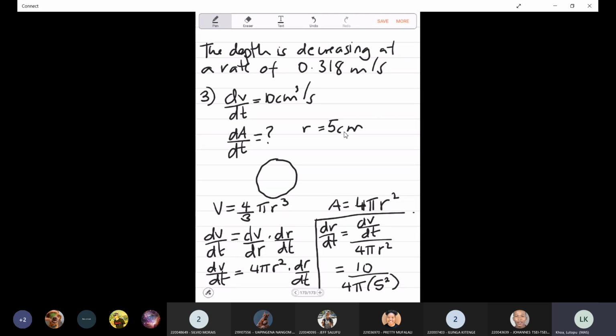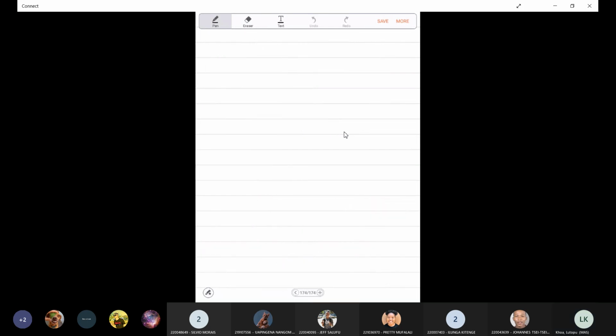You would just work out that on your calculator. So now we have dr/dt over 4 times 5 squared, which is 1 over 10 pi. I don't round it off because I still need to use it to work out dA/dt.